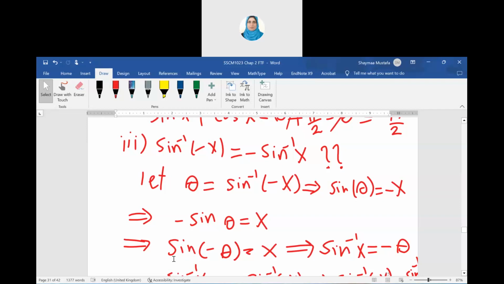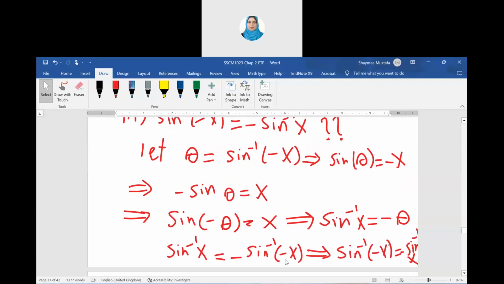Okay, what we can understand from sine minus theta is equal to x. This means that sine inverse x is equal to minus theta, which means that sine inverse x is equal to minus sine inverse minus x, because theta is equal to sine inverse minus x.